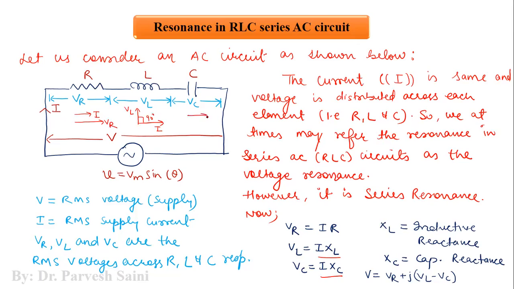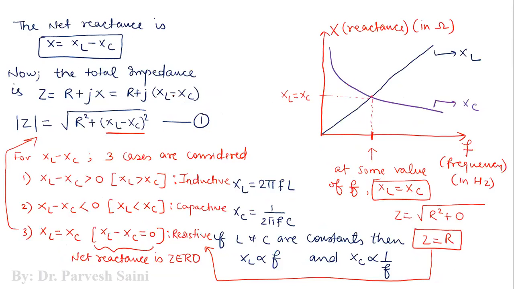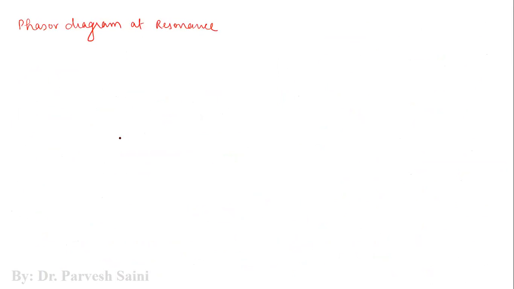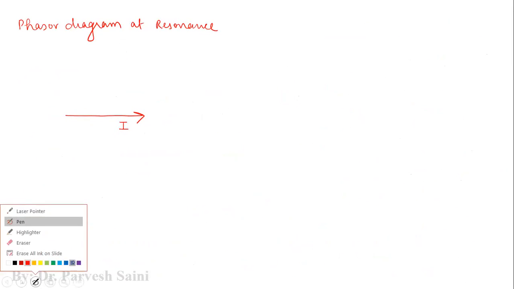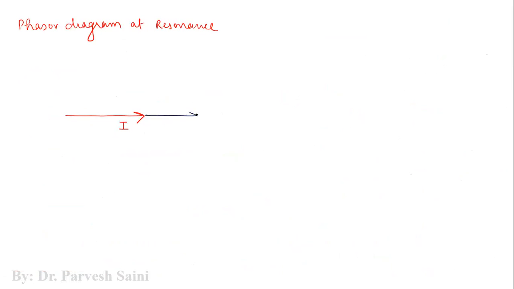And in the capacitor, the voltage VC lags the current by 90 degrees. The current phasor will remain the reference phasor, on the horizontal axis. So let us take the current phasor as the reference phasor. So this is I. Now let us draw the voltage phasors. VR and I are in the same phase.